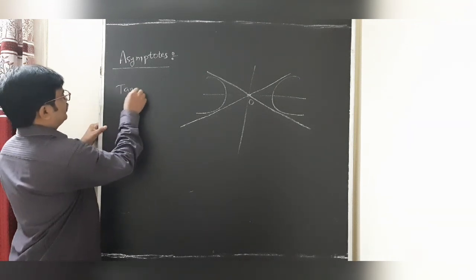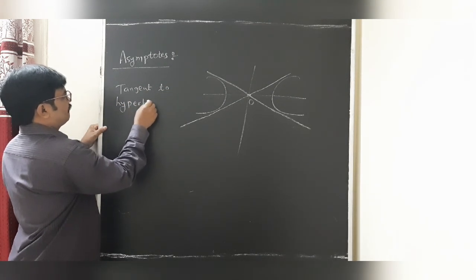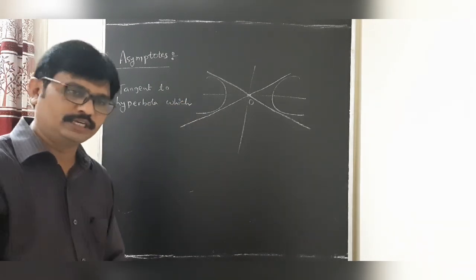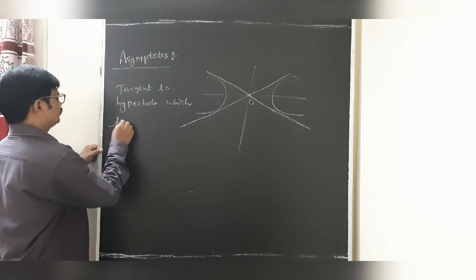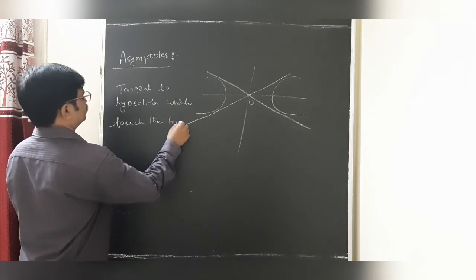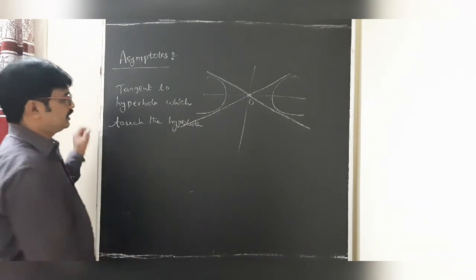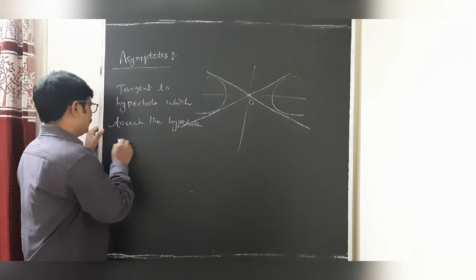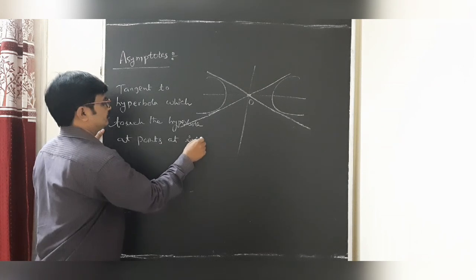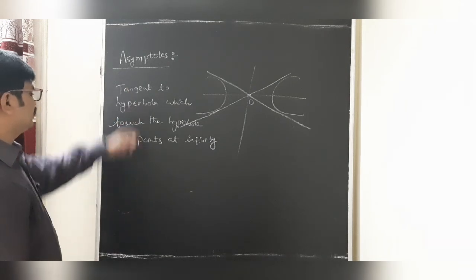So dear student, please listen here. The tangents to the hyperbola which touch the hyperbola at the points at infinity are called the asymptotes.